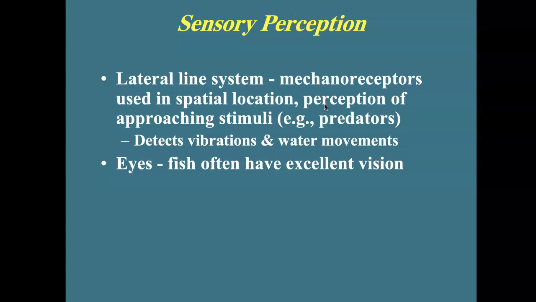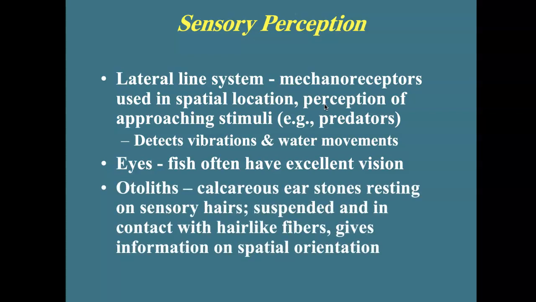And then their eyes, again, fish often have excellent vision. And then they even have these otoliths, which are very similar to what we have in our inner ears. There are these little calcareous ear stones, and they're going to rest on these sensory hairs. And so they're kind of suspended, and they come in contact with these tiny hairs that they're suspended on.